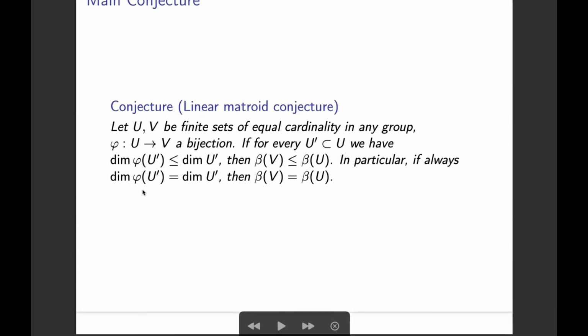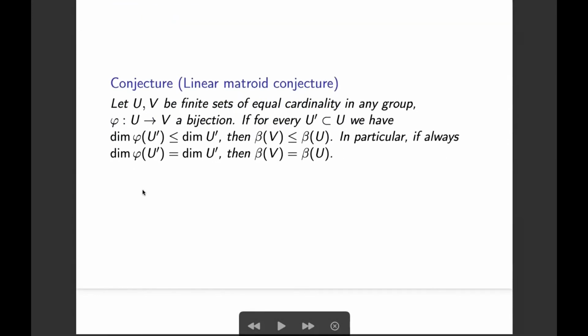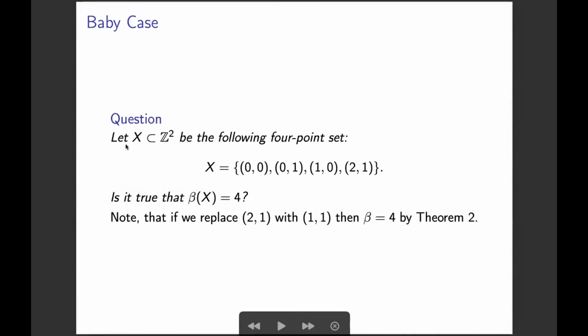And just to pique your interest, I suggest you look at this very simple question. Assume that you have only a 4-point set: (0,0), (0,1), (1,0), and (2,1). Can you prove that beta of this 4-point set is equal to 4, which is the maximal value it can have?